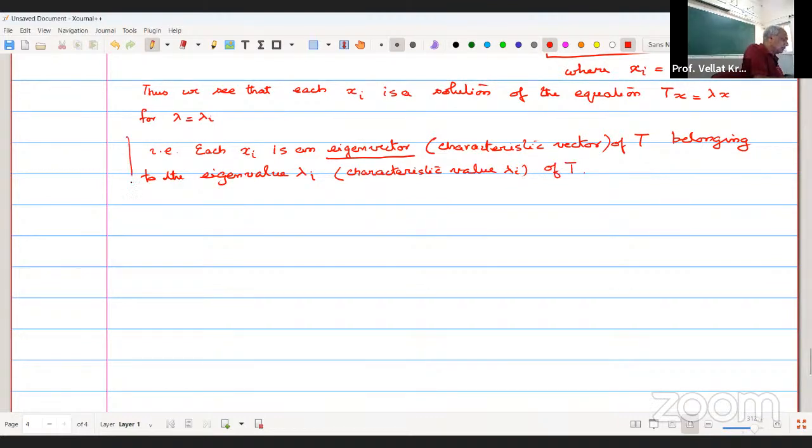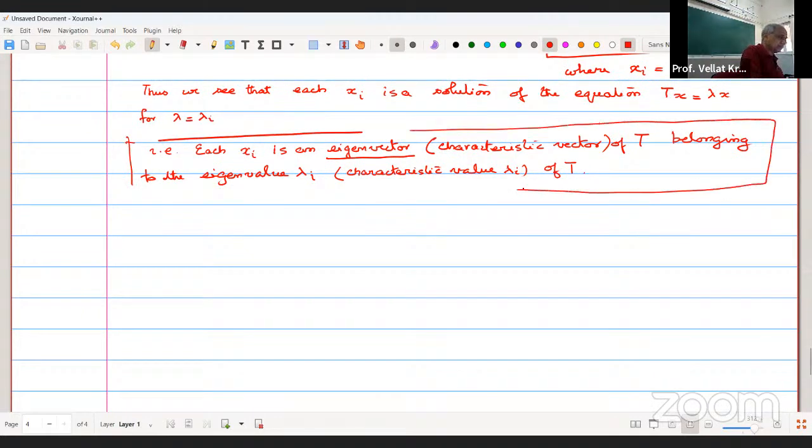And this is one big observation that we make. So we hit upon what is called an eigenvalue problem.